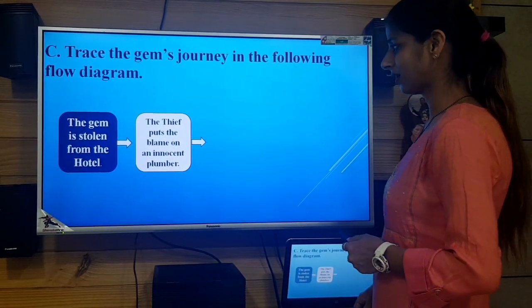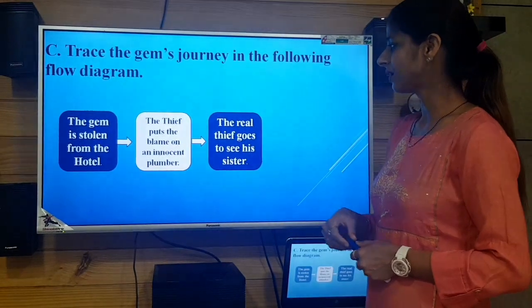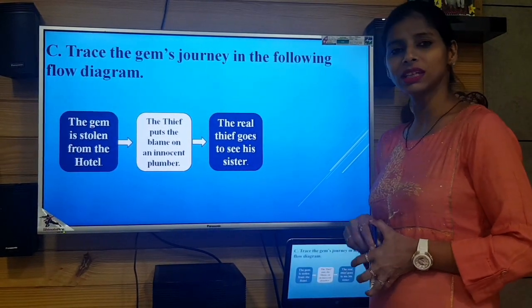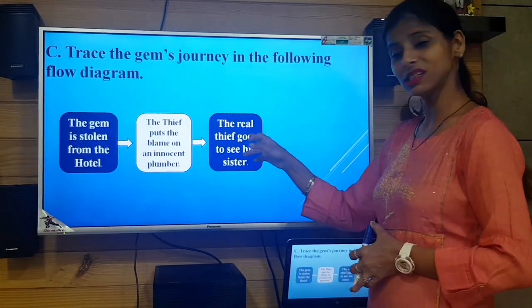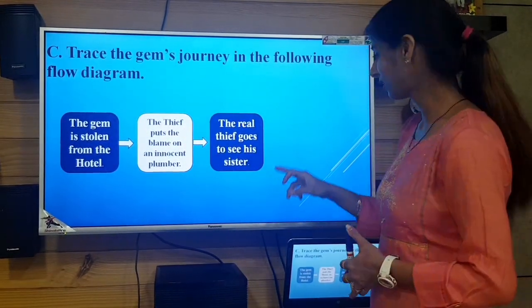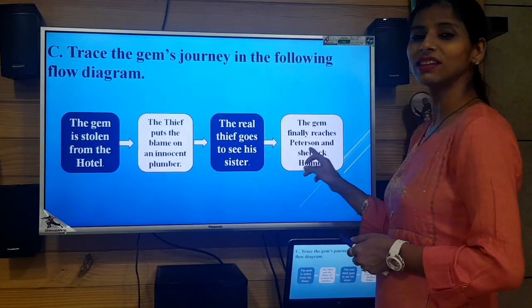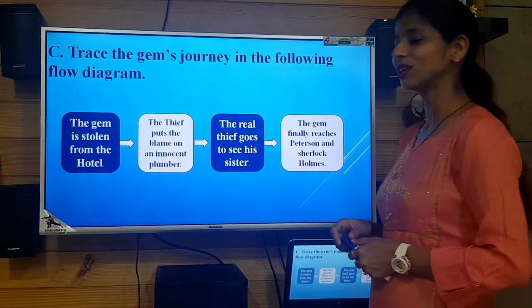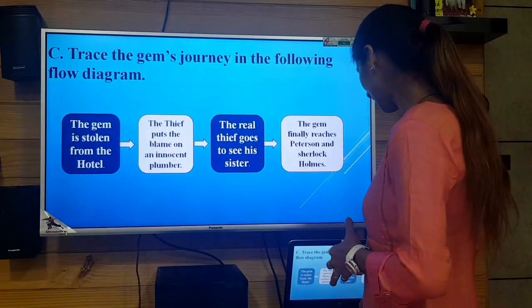This I have taken up. And then this was the blank. After that, the real thief goes to see his sister. Who was the thief? Ryder. Who was the sister of Ryder? Mrs. Oakshott. So now what happens next? The gem finally reaches Peterson and Sherlock Holmes. Right? So this is the sequence.